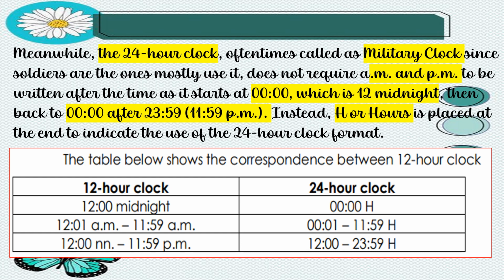In 24-hour clock, we have 0001 hours to 1159 hours. And then we have also 12 noon to 11:59 p.m., and that is 1200 hours to 2359 hours.